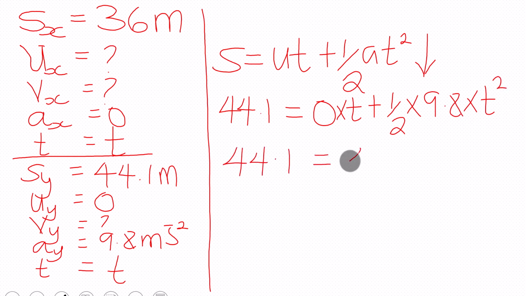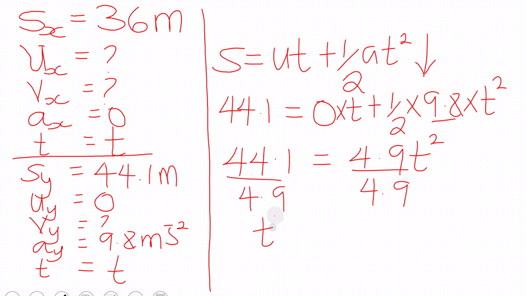So here we shall have 44.1 equal to 4.9 t squared. That is 9.8 divided by 2. And then when we divide by 4.9 on both sides, we shall have t squared equal to 9.